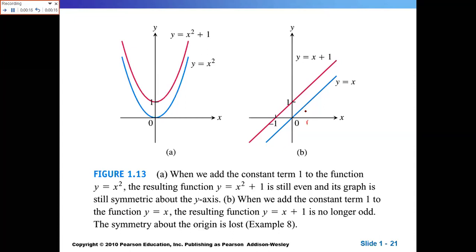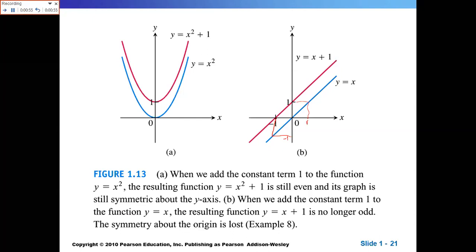F of 1 will be equal to what? 1, right? Yes. F of 1 will be equal to 1. So if f of 1 equals 1, f of 2 equals 2, f of 3 equals 3, it's just like f of x equal to x, but y is equal to f of x, right? Yes. What is f of negative 1? Negative 1. F of negative 1 is also negative 1. F of 1 equal to 1, f of negative 1 is negative 1. This is the line.